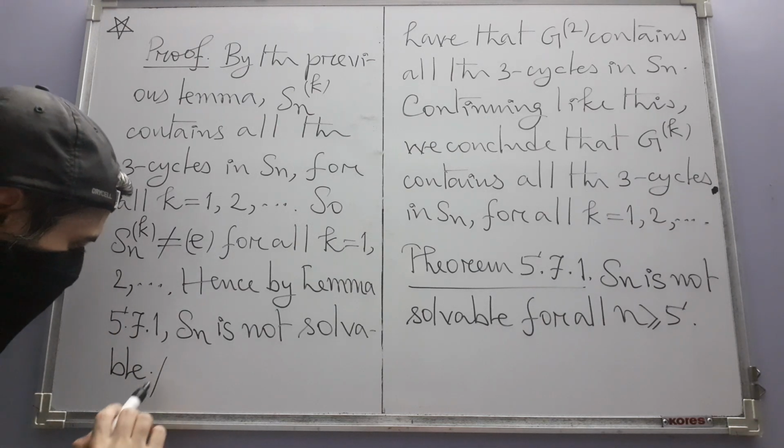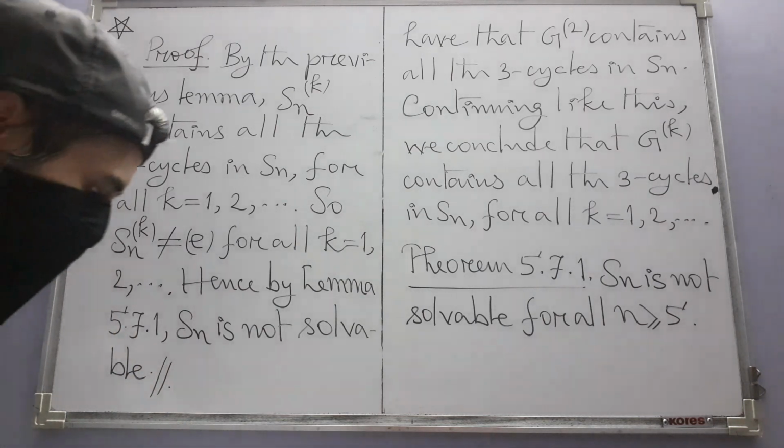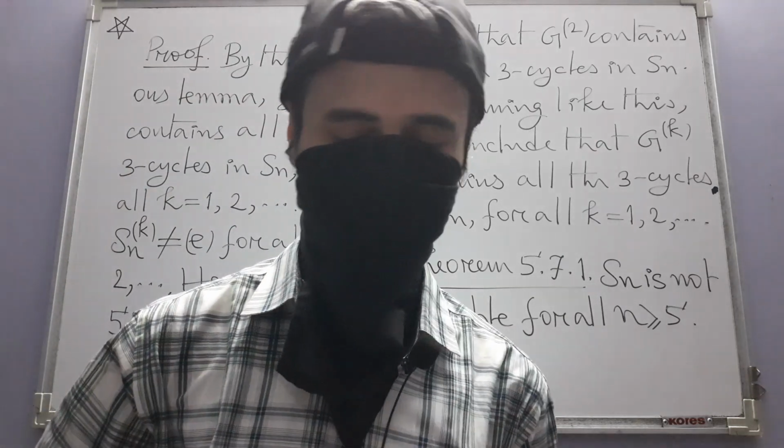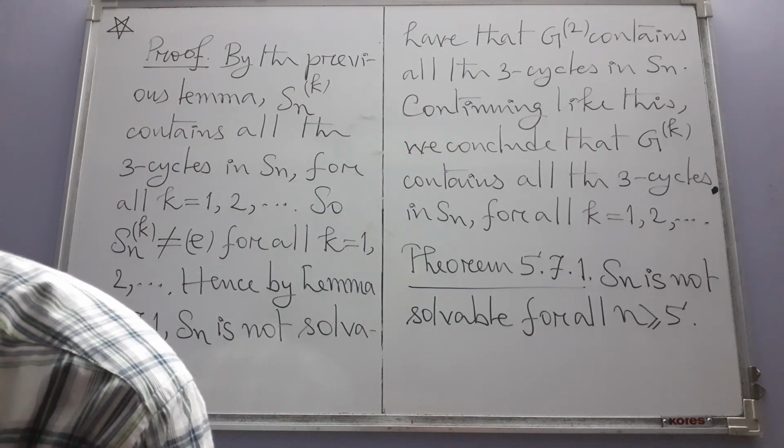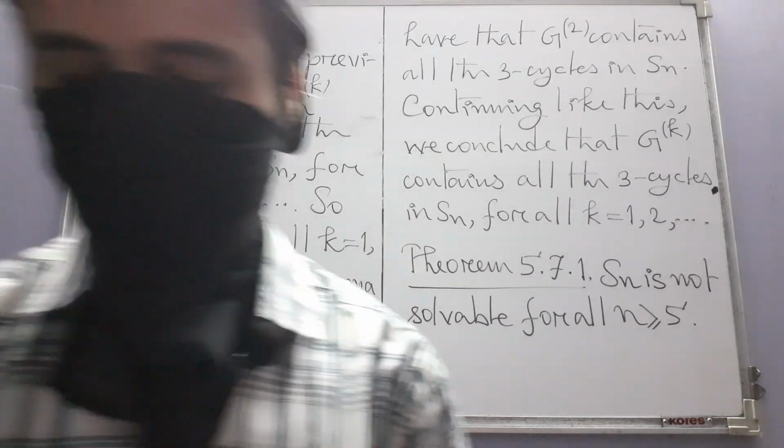Okay, so we have proved what we were claiming all along, that for such n's where n is at least 5, Sn is not solvable.